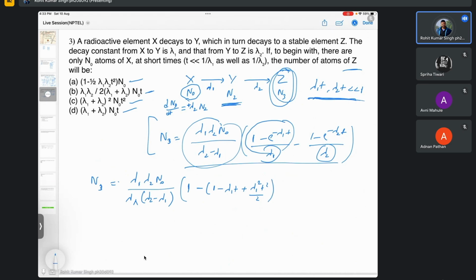Okay, let's not take the third order terms, it's fine. And use the big bracket here. And then we have the negative sign, the multiplication by lambda 1, lambda 2.